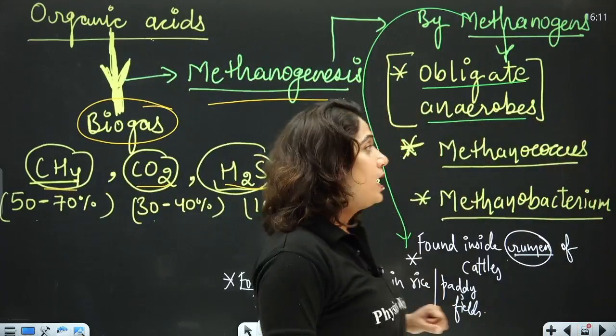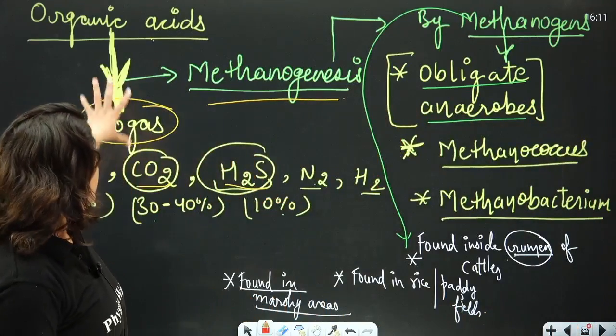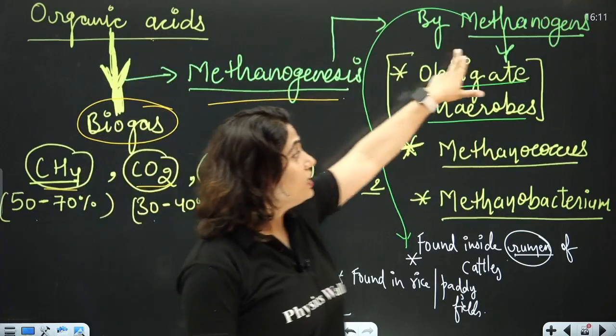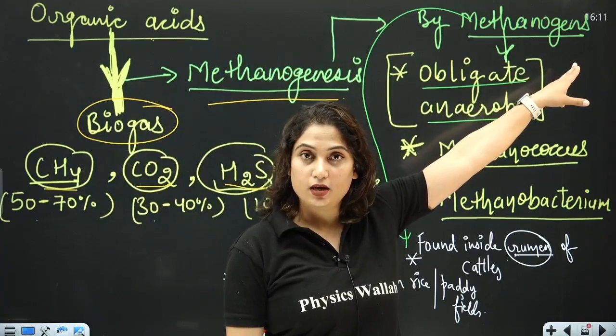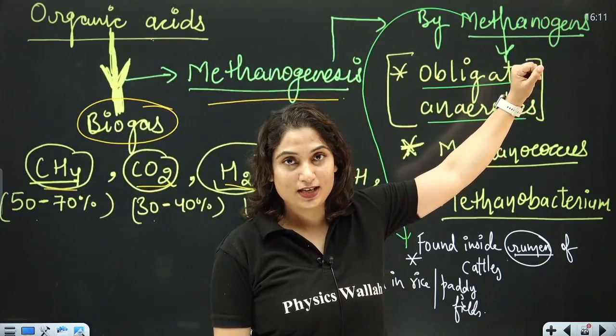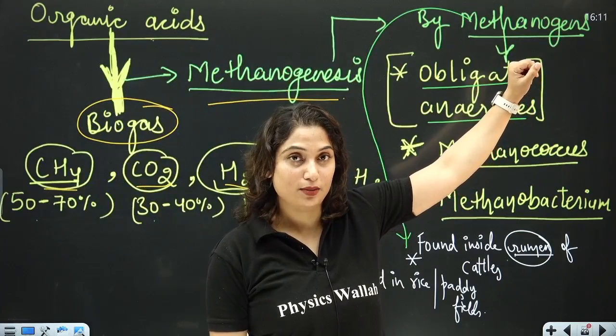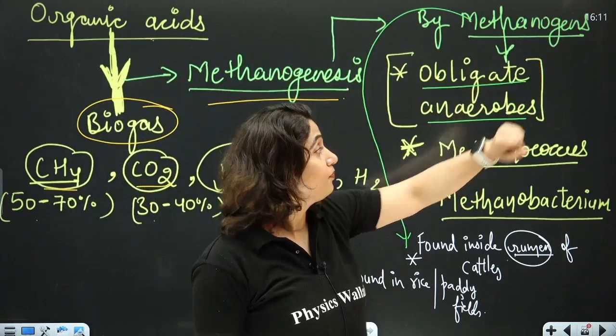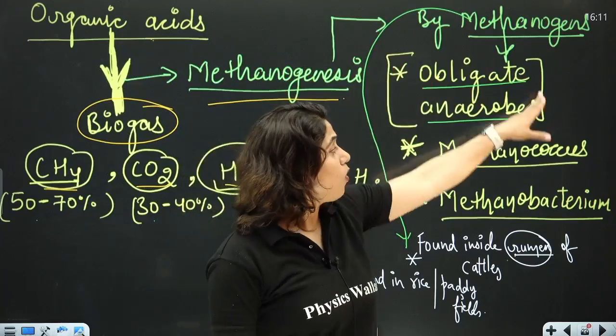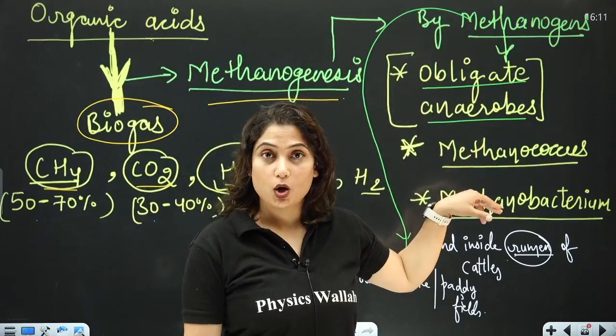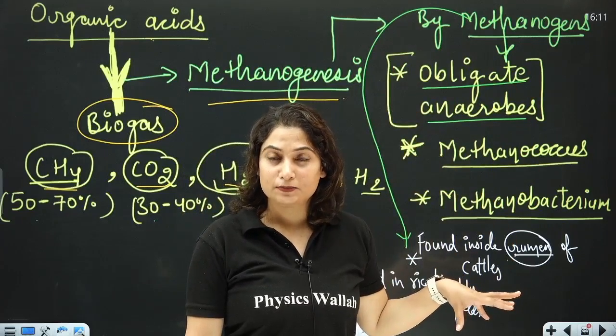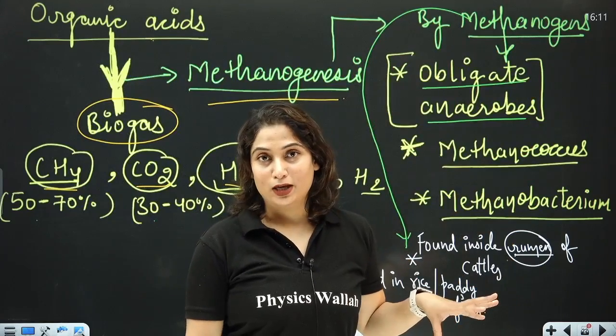Now, the production of methane is done by special bacteria which are called methanogens. And you know that methanogen is a type of archaebacteria. Methanogens are obligate anaerobes. Obligate anaerobes means they can only be anaerobic.